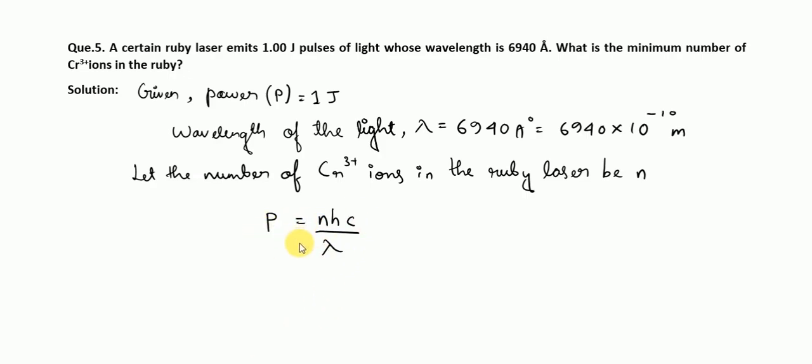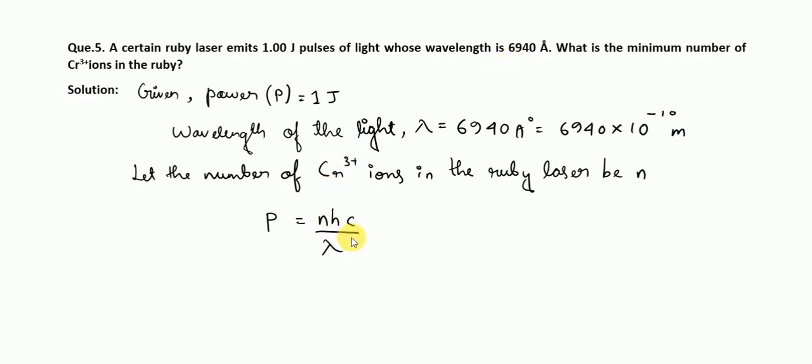This is the key equation where P is the laser's power or energy per pulse, which is 1 joule. It is given. And n is the number of Cr3+ ions that we need to find, right? And h is Planck's constant, whose value is approximately 6.62 times 10 to the power minus 34 joule second. And c is the speed of light, 3 times 10 to the power 8 meters per second. And wavelength is given as 6940 Angstrom.